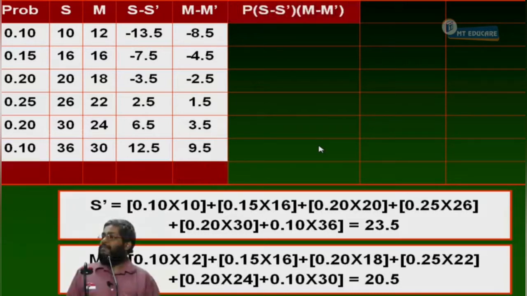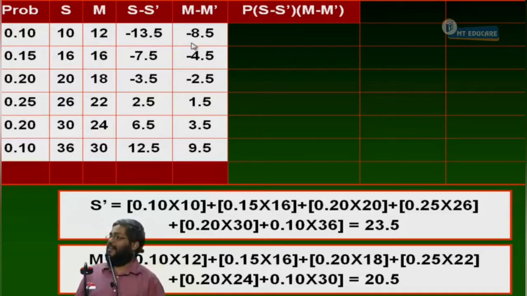Next, P into S minus S bar into M minus M bar. Why am I doing this calculation? To find out covariance. Now, 0.1 into minus 13.5 into minus 8.5.